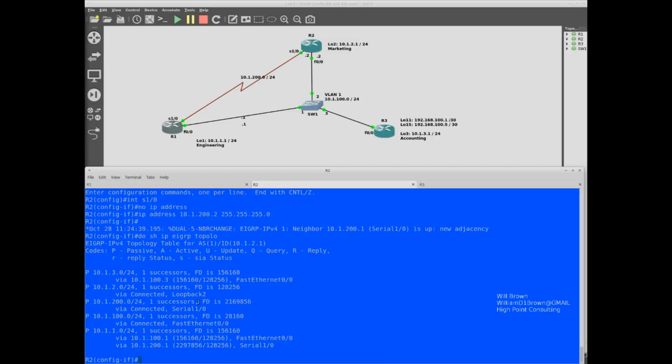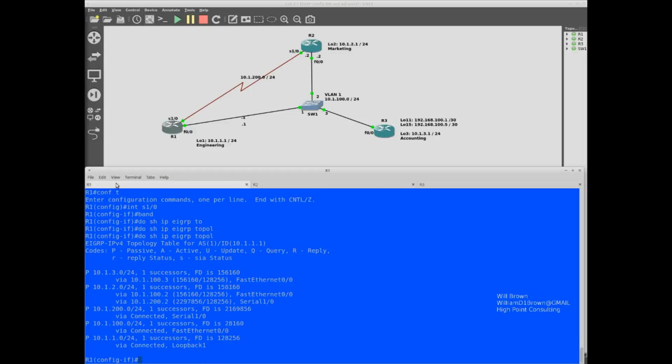We're going to see how the values from router 1, which are these 10.1, is right here, this feasible distance. We're going to see that this value and the reported distances from the neighbors from router 2 and router 3 as they report to each other will change once we change this bandwidth value.